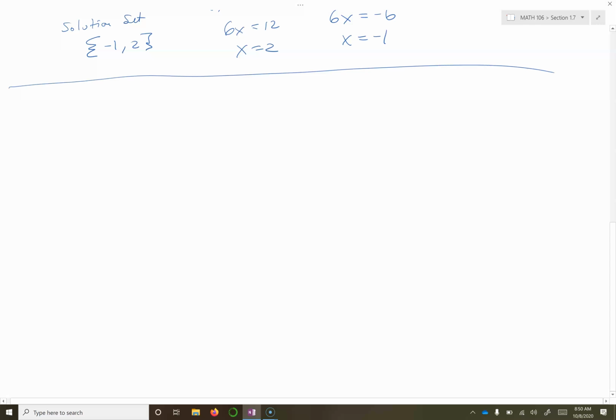So here's another form. I'll call this the third form. What if you had something that looked like the absolute value of some polynomial u equals the absolute value of another polynomial, and I'll call it v?